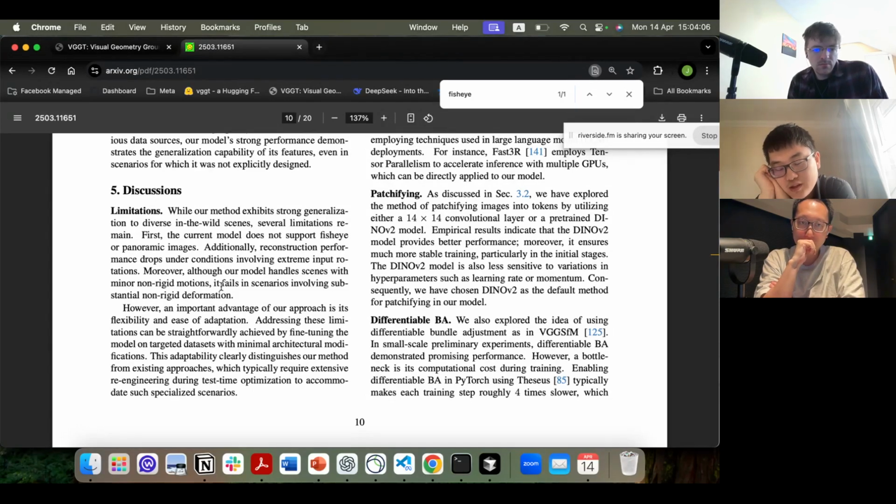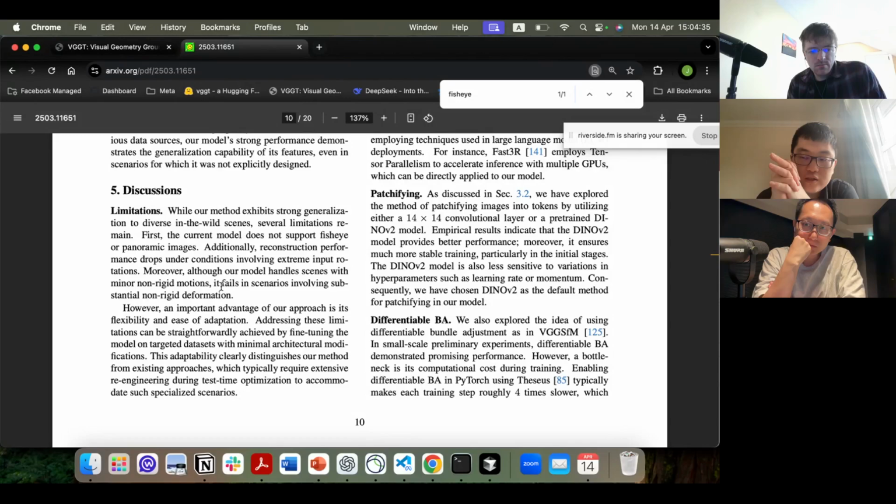Basically, related to robotics, we do not support fisheye or other camera models with a lot of distortion. If I understand correctly, in robotics people really like fisheye cameras, especially in an egocentric manner.